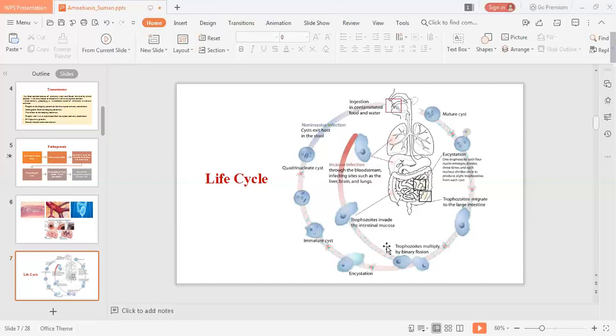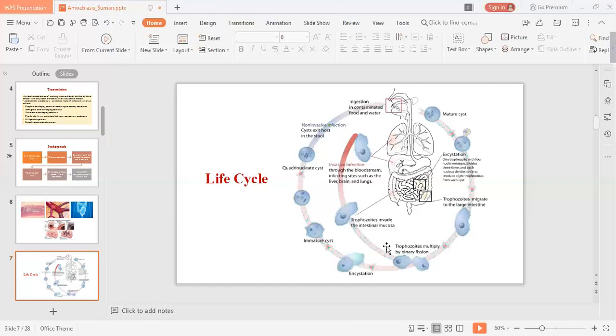Encystation means trophozoites again convert into cysts, and they will produce the immature cyst.